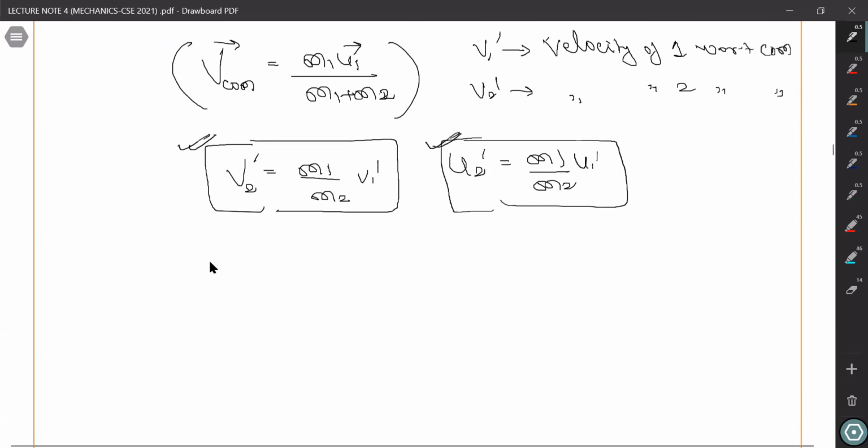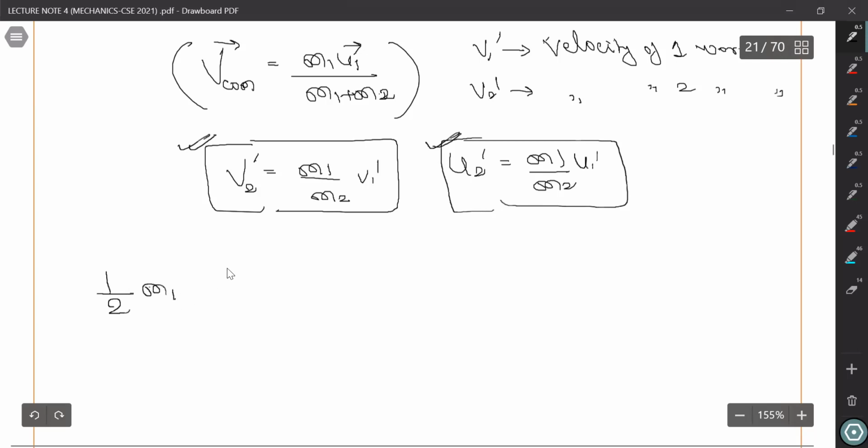What we can do here is substitute in the total energy. The energy in the center of mass frame will be half m1 u1 dash whole square plus half m2 u2 dash whole square equals half m1 v1 dash square plus half m2 v2 dash whole square.